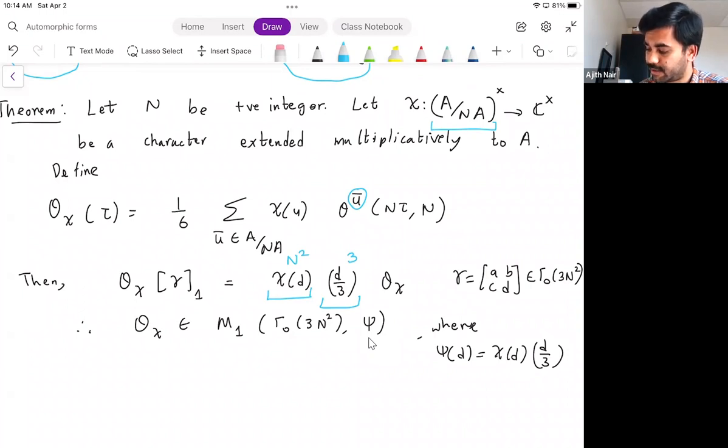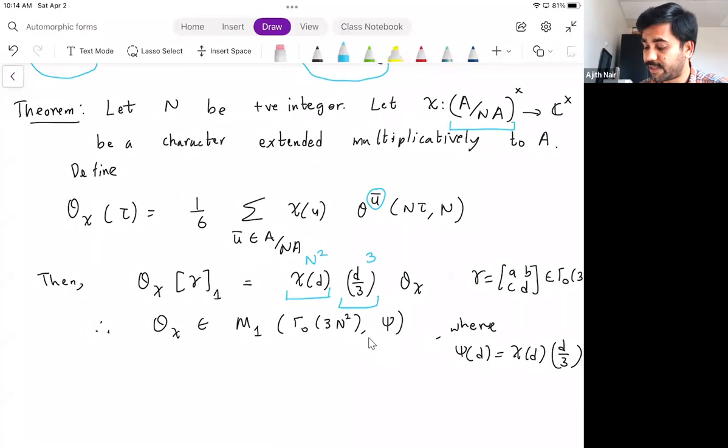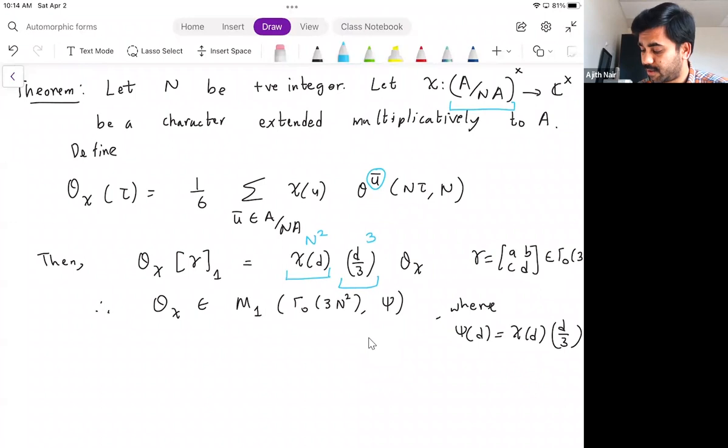And that's the theorem: this modular form theta chi is a weight 1, gamma naught 3n squared level modular form with the character psi.